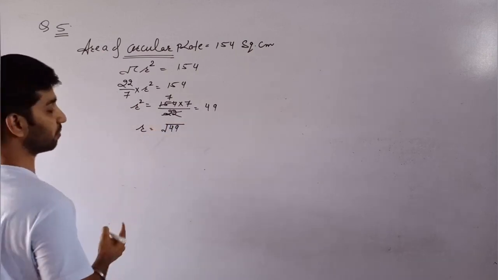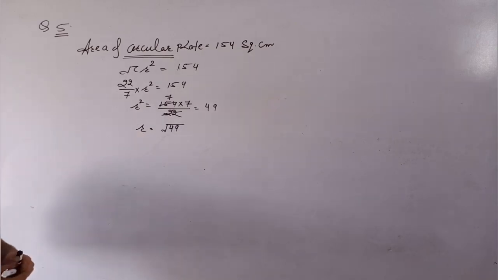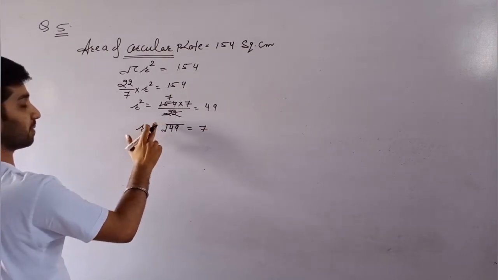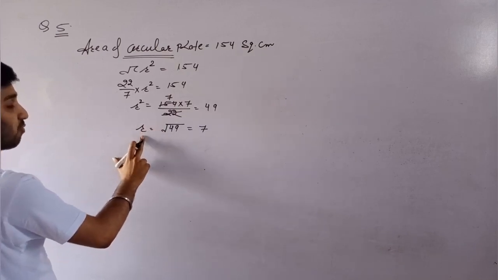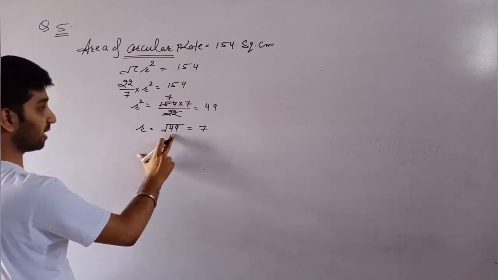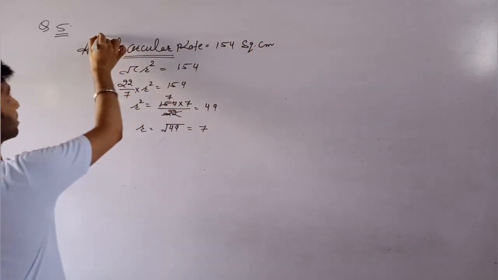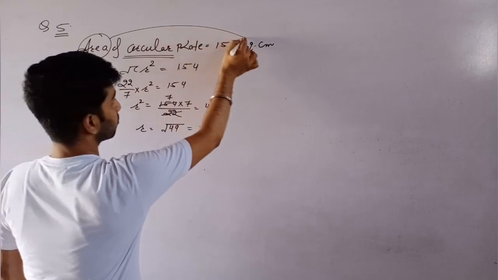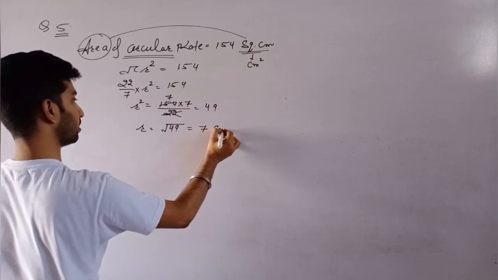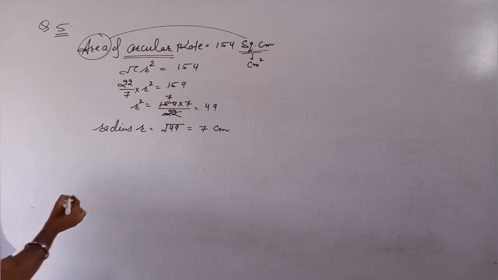Root gives positive and negative, but we have to find radius, and radius cannot be negative, so we will neglect the negative value and we will get r is equal to 7. After transposing the square, both positive and negative will come in the root, but we have to find radius, so neglect the negative value and we find that root of 49 is 7, and the unit is square centimeter. Square centimeter means that because it is the area, so square centimeter means centimeter square. It is radius, so it is centimeter. r is 7 centimeter.